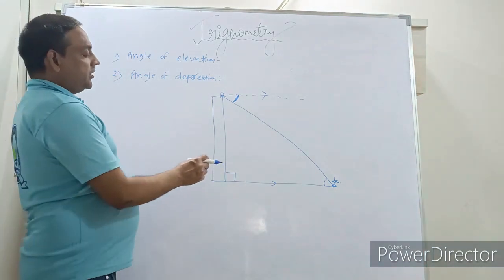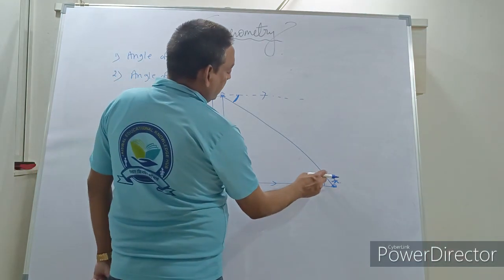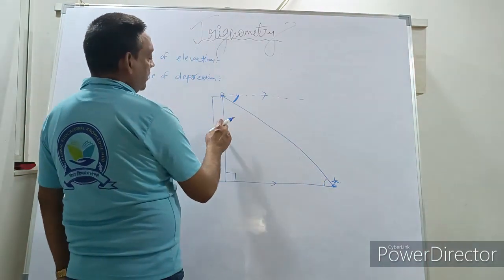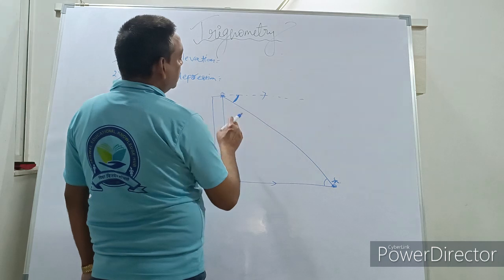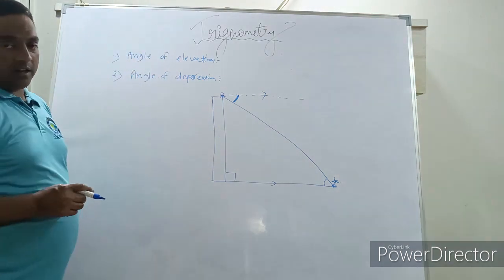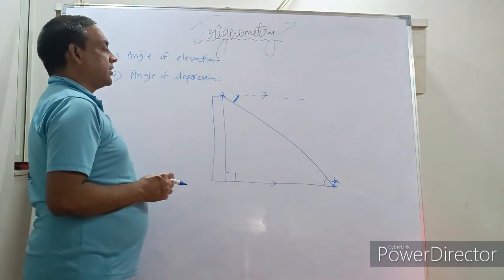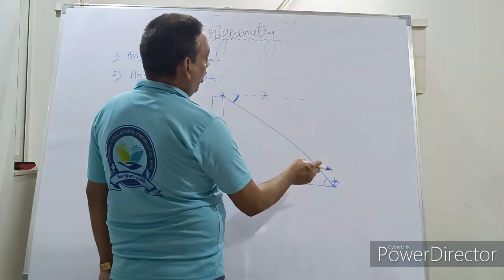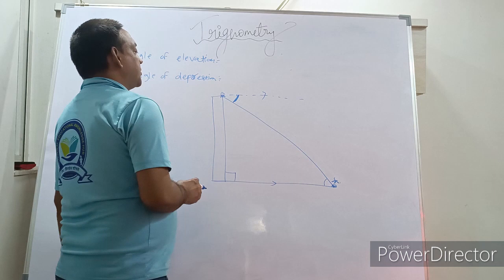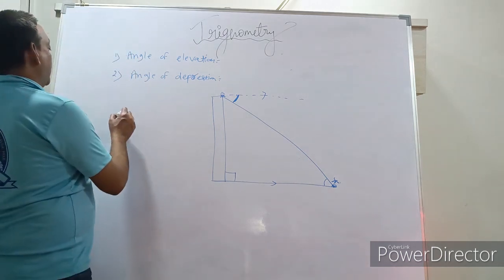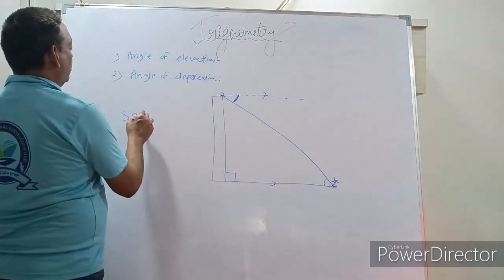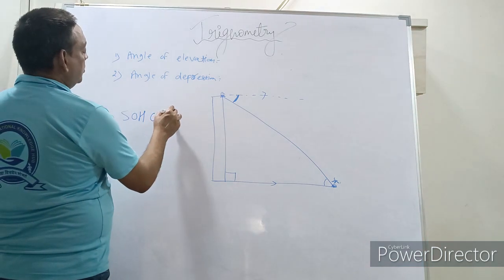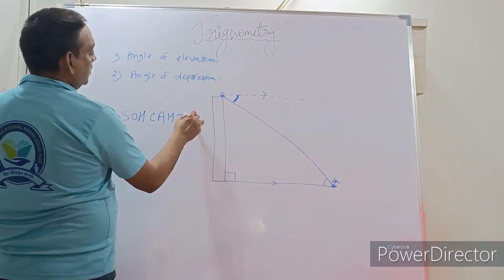So this will be 90 degrees, this angle they will either give or you have to find out, and so this will indirectly be a right angle triangle. From the right angle triangle we have to find either one of the sides or the angle. So again we have to use SOHCAHTOA.